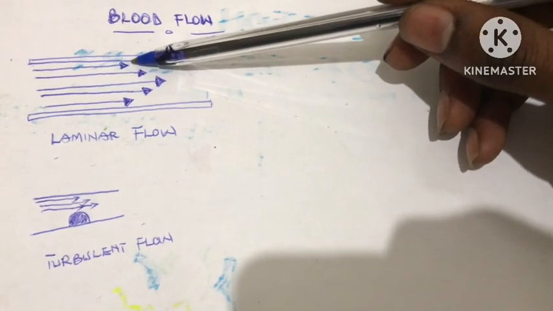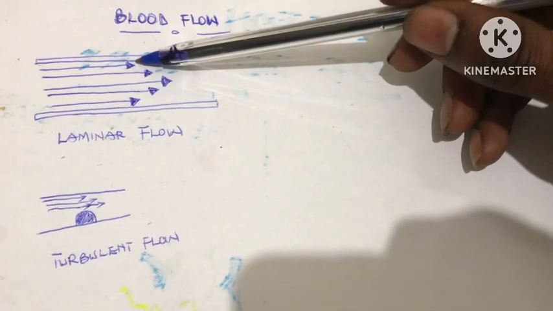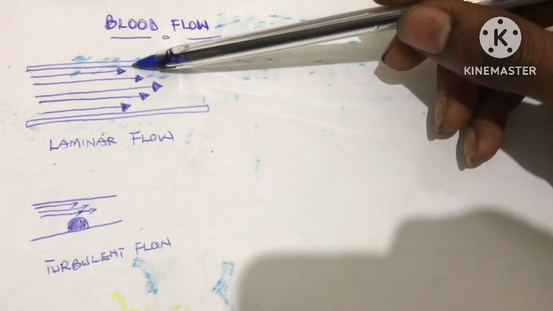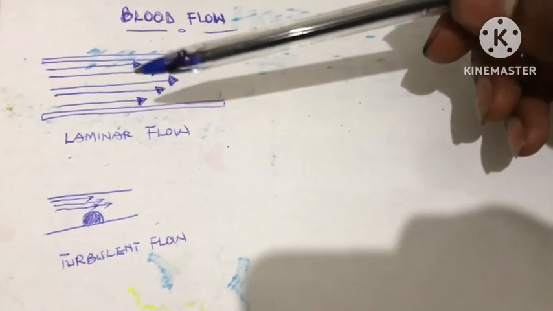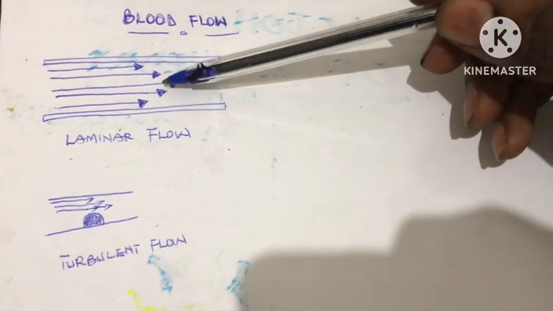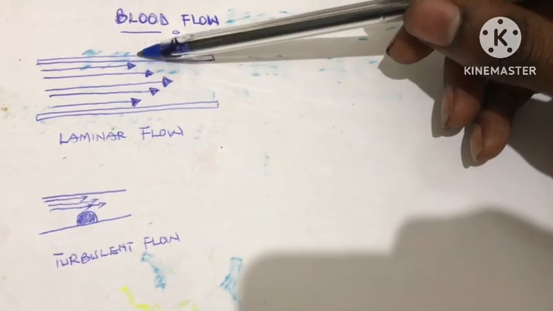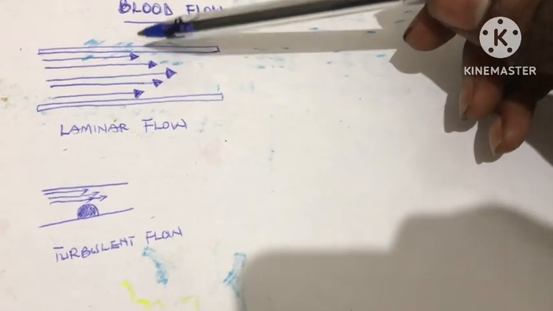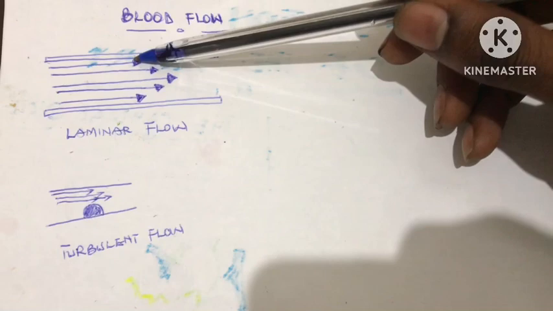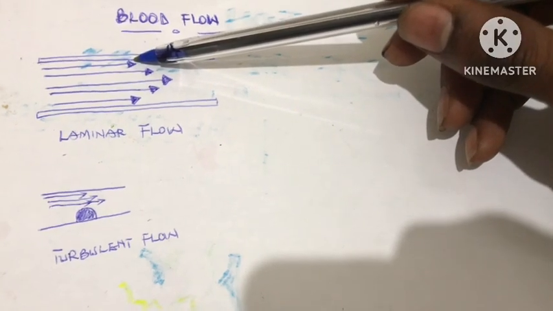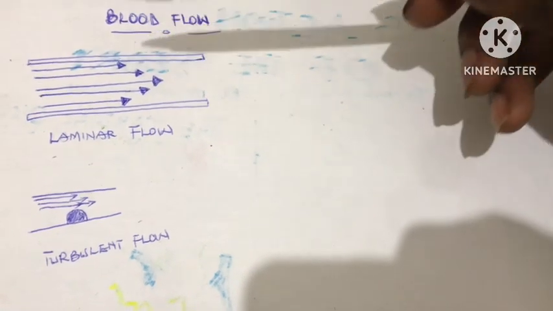Let me take that again. The velocity decreases from the center to the walls and gets to a point where the velocity is 0. The blood attached to the walls has a velocity of 0.